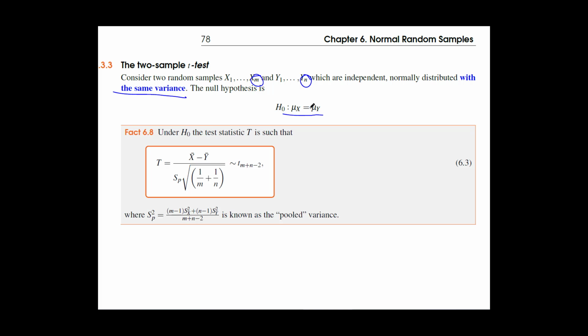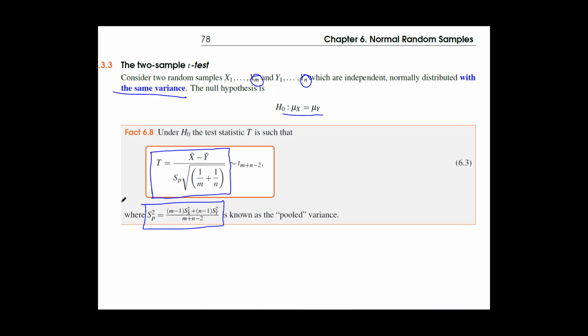Now, in this case, it turns out that this statistic, which let's call t, just to recycle symbols, has the t distribution with n plus n minus 2 degrees of freedom. Now, S_P we call the pooled variance, and it has this formula right here.